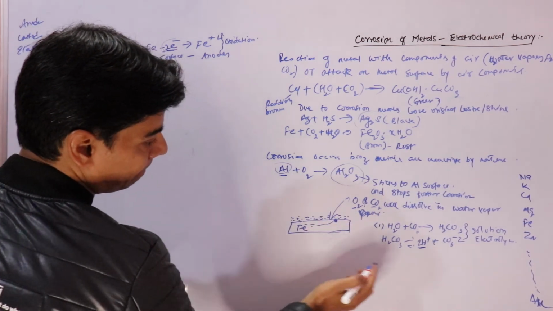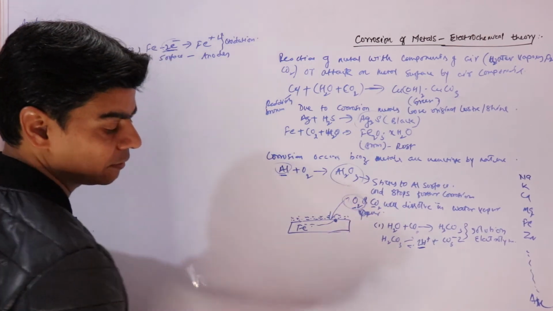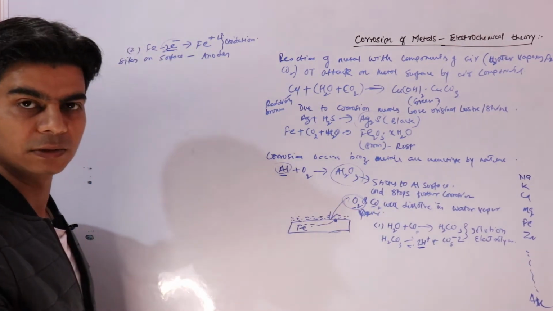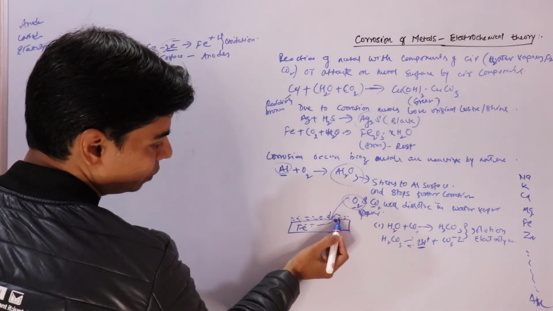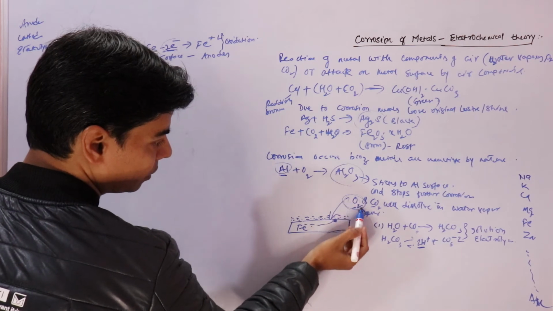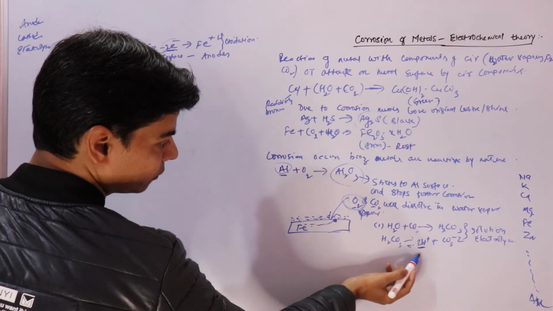Since electrons can cause reduction, they combine and reduce other substances, so they will cause reduction of oxygen in the presence of hydrogen ions.